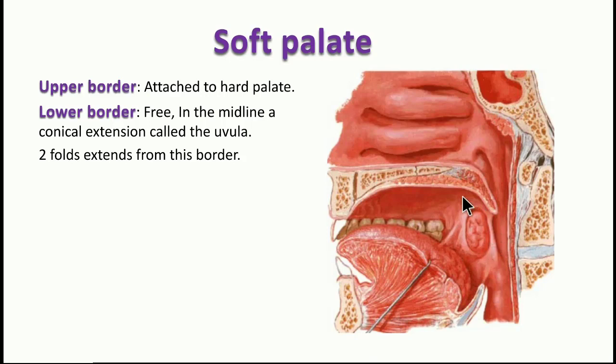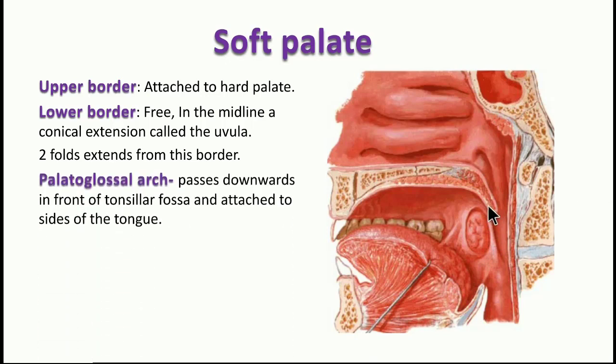The anterior one is called the palatoglossal fold. It passes in front of the fossa for the palatine tonsil, so it passes in front of the tonsillar fossa. And the posterior fold is called the palatopharyngeal fold, which extends posterior to the tonsillar fossa.